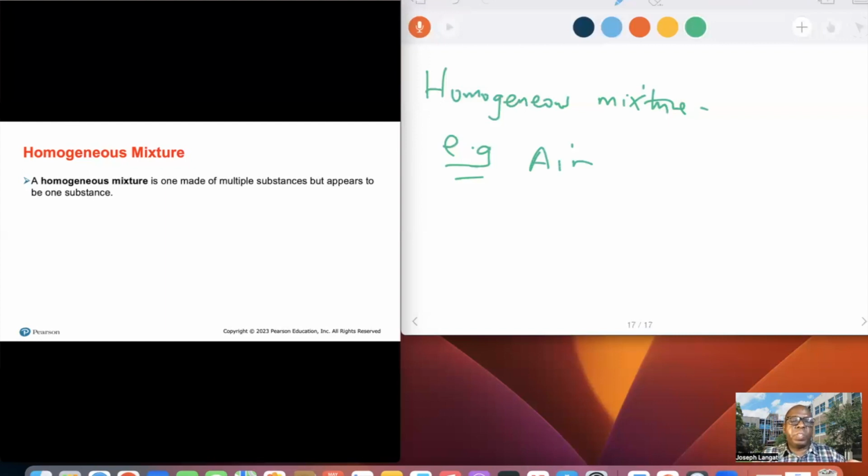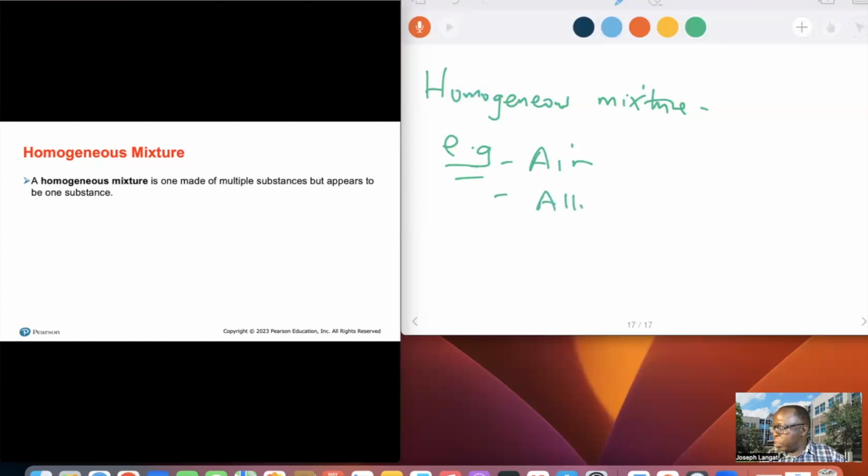In air we have CO2, we have H2O in gaseous form, there is carbon dioxide, there is nitrogen. This makes up air. It's a homogeneous mixture.